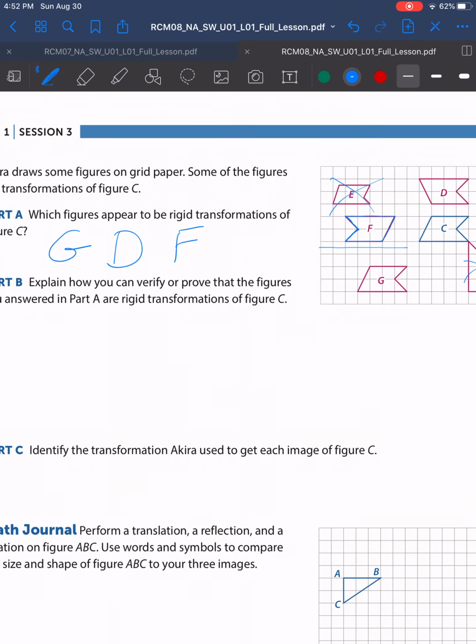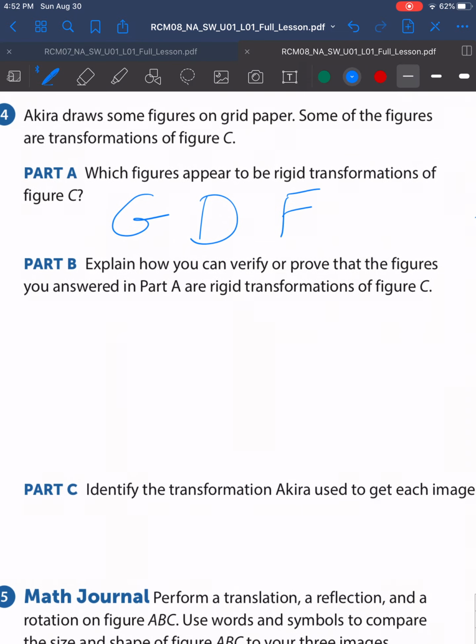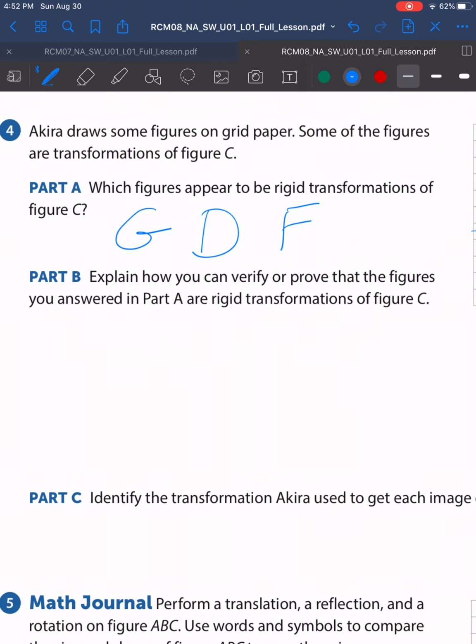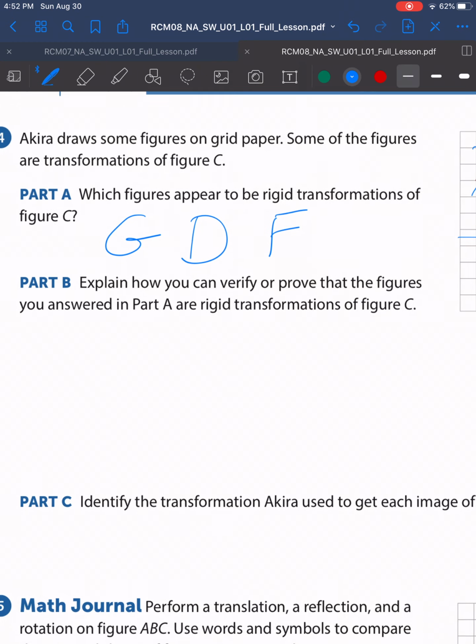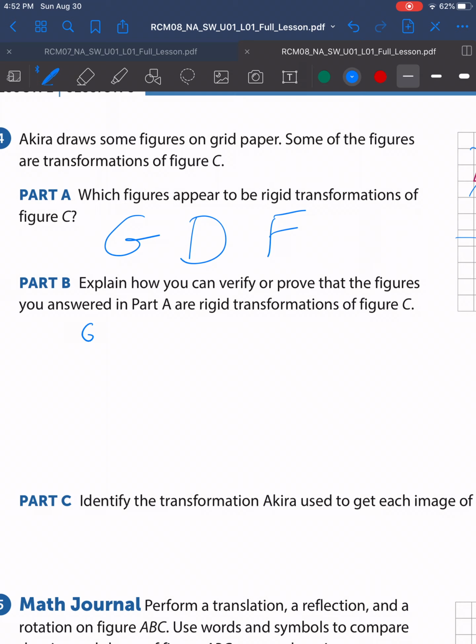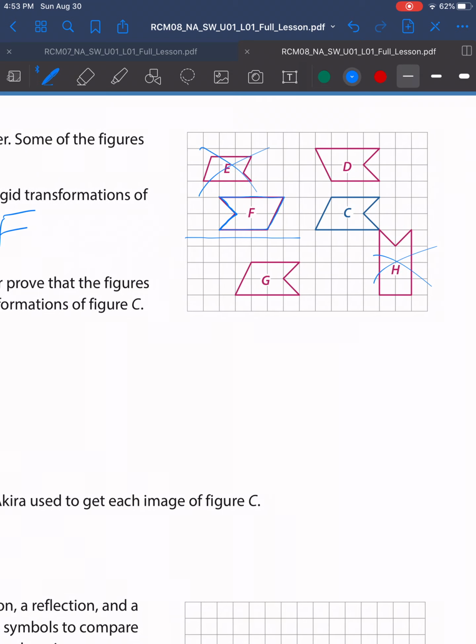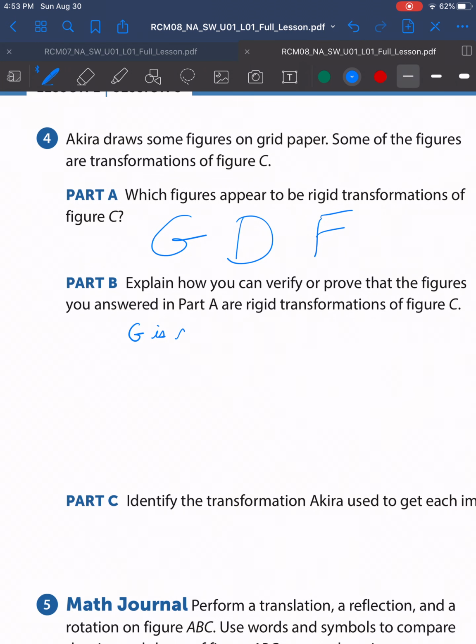Okay. Part B, explain why or how we can verify that each of those that we answered are actual rigid transformations. So here's where we're going to explain our answer. G was a slide or a translation. Yes, we're using our big words. G is a translation.